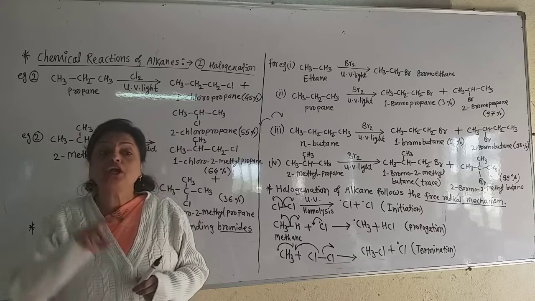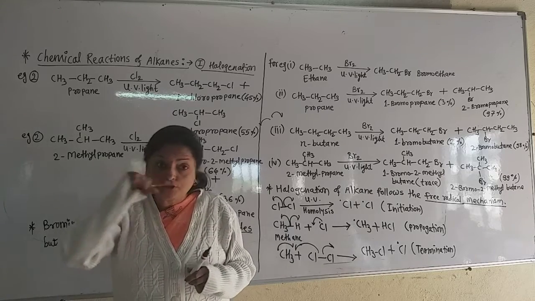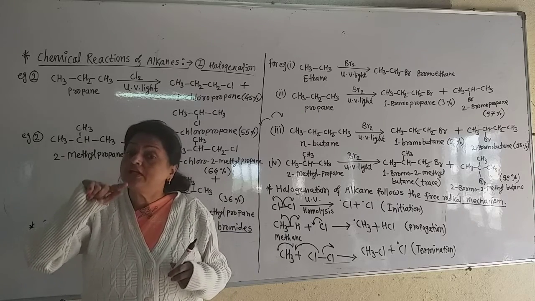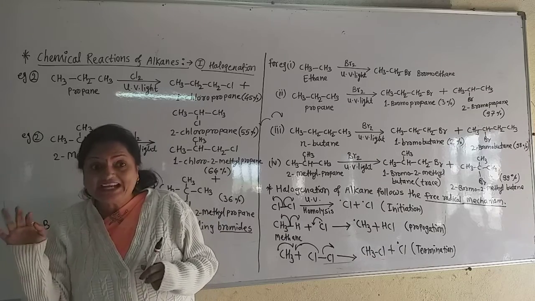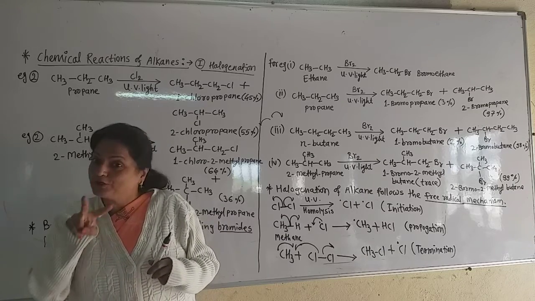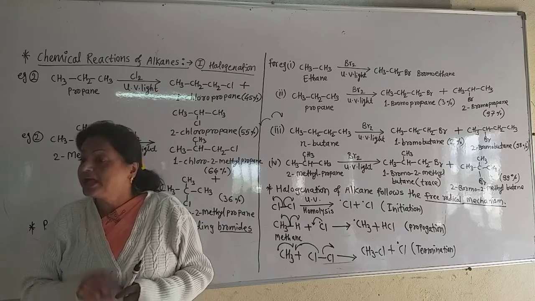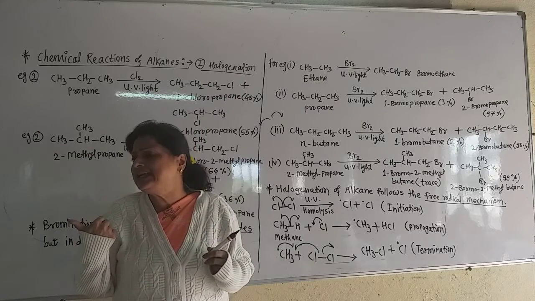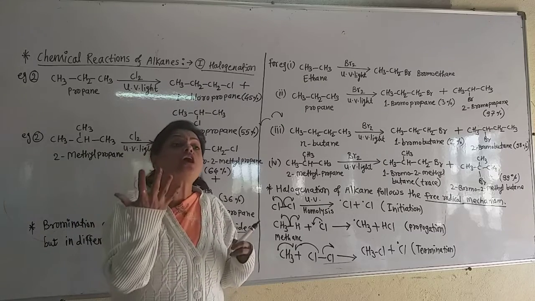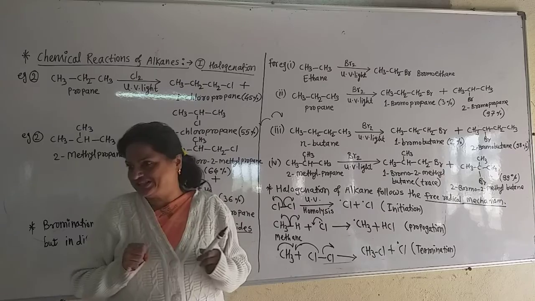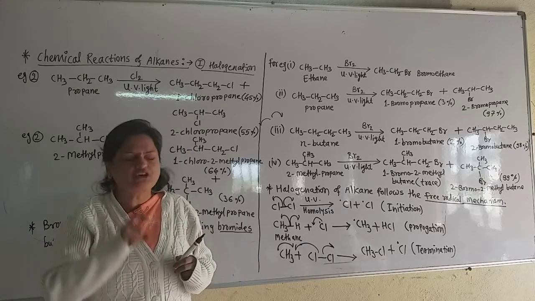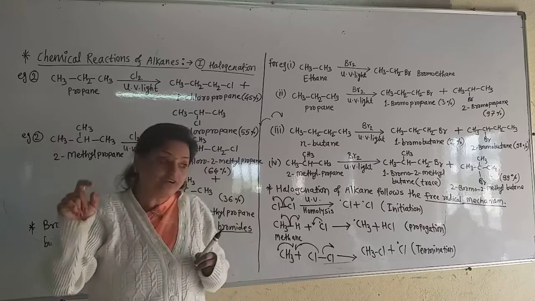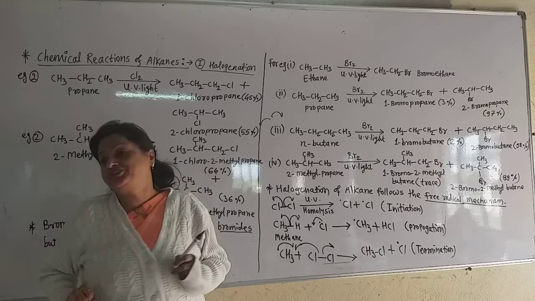In that fission, both electrons of the covalent bond go to only one atom, so that atom acquires a negative charge because both electrons come on it, and the other atom has no electron of the covalent bond, so it acquires a positive charge. That is the heterolytic fission, and here we require the homolytic fission.